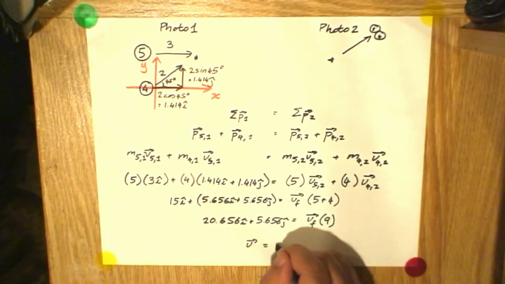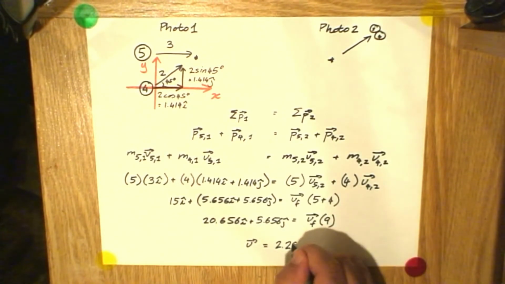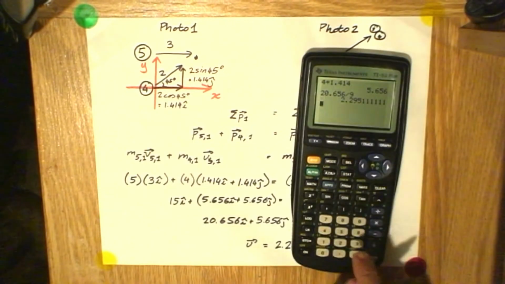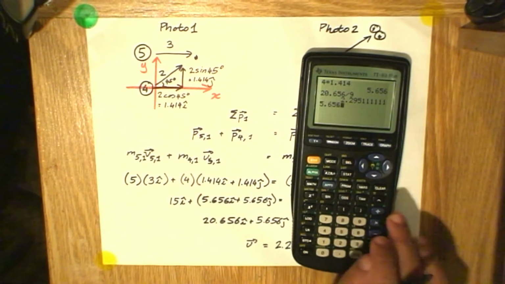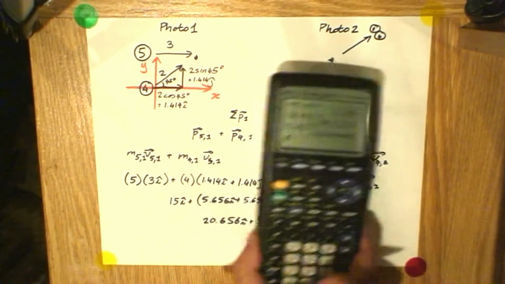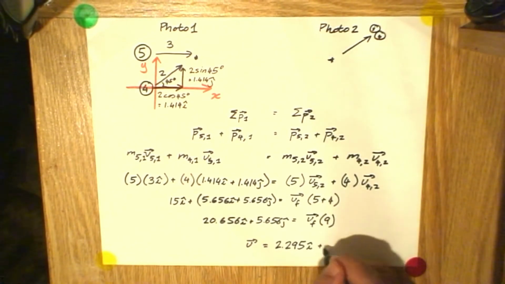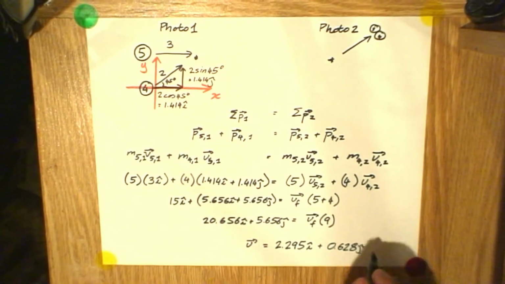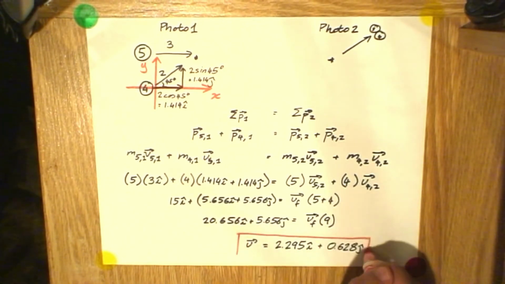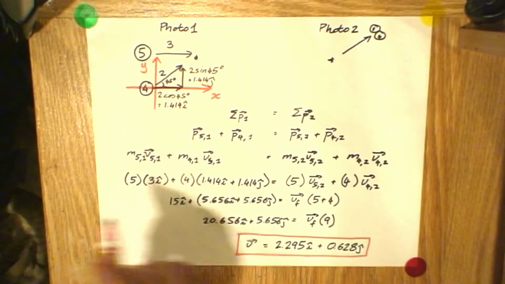Or let's even stick to 2.295 i hat plus 5.656 divided by 9 gives us 0.628 j hat. So this is the final velocity of the two asteroids after the collision occurs.